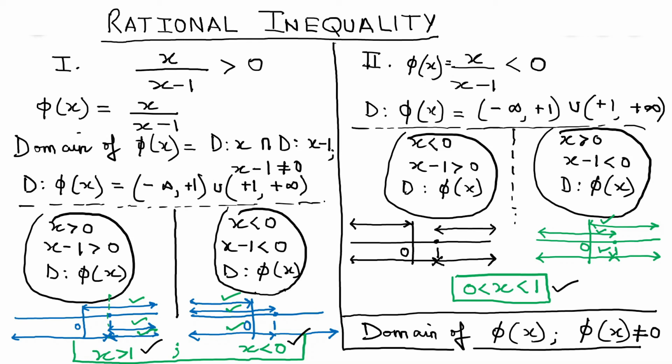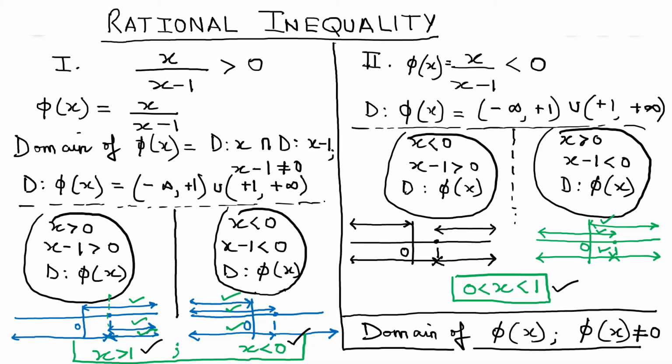And incidentally, when we were plotting this graph, we would have seen that 0 was something which was always a part of the domain of phi x. But since phi x is not equal to 0, we will have to check when phi x cannot be equal to 0.